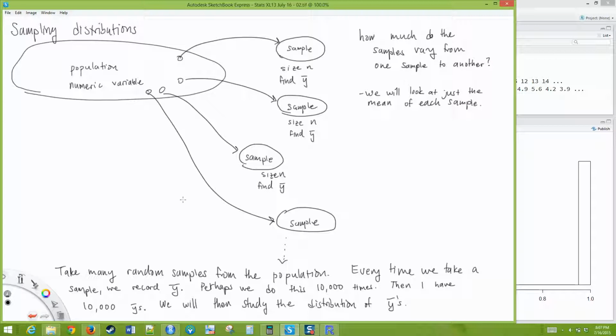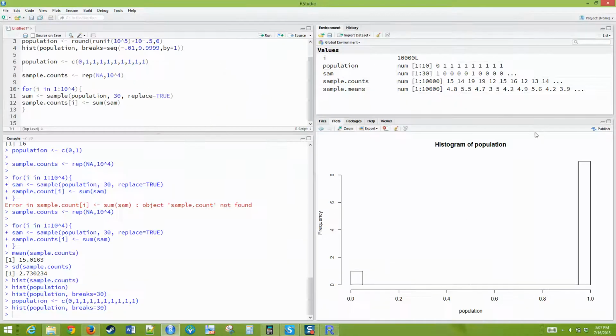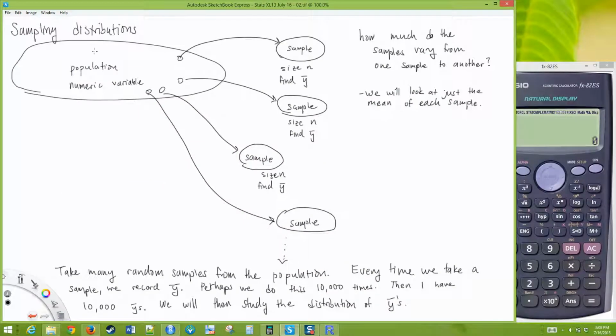Okay, so let me summarize what I was trying to illustrate with all of these R demonstrations. I hope this made sense, what I was doing with R. I hope you could see that I was trying to simulate the idea of taking a population and repeatedly drawing samples, and each time we draw a sample we get the Y bar.